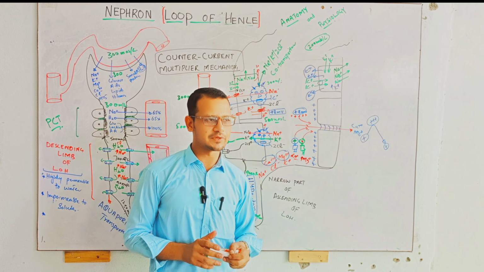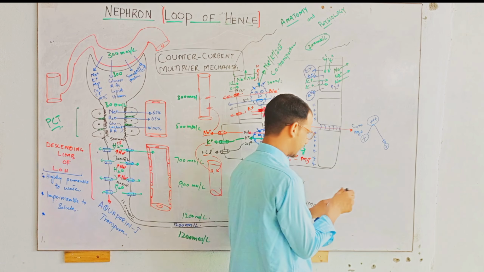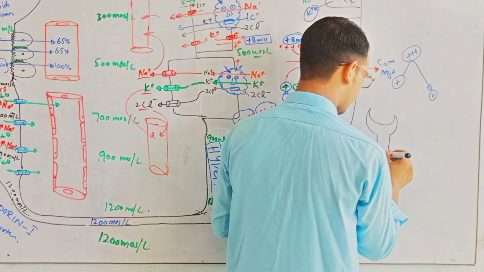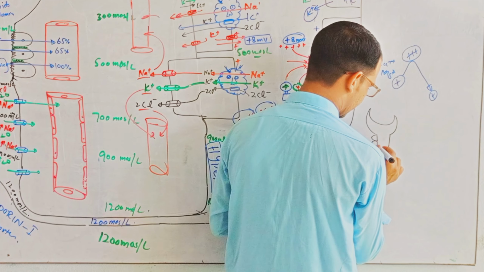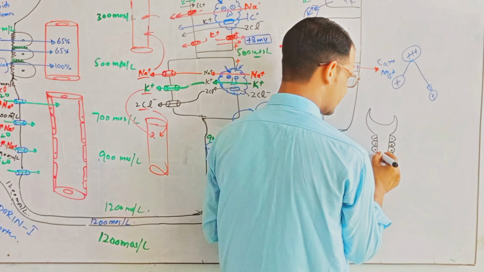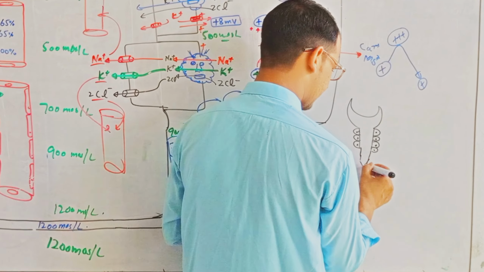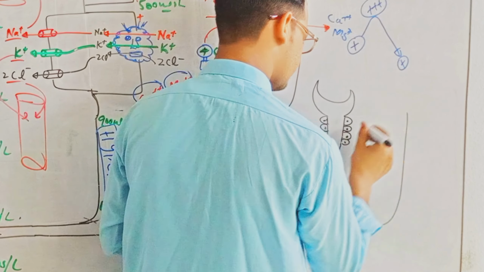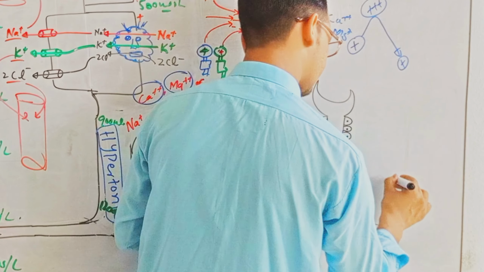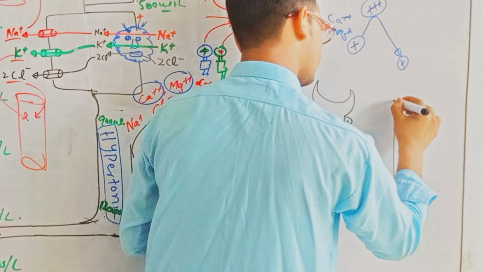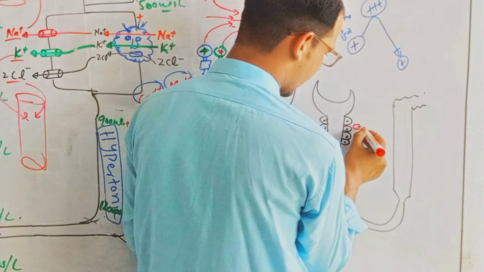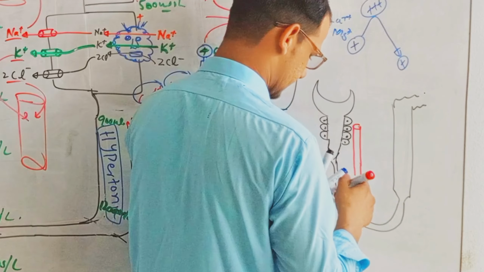What is the role of the vasa recta? For example, I have a nephron, and these are the proximal convoluted tubules, and from here we have the loop of Henle, and here we have the vasa recta.